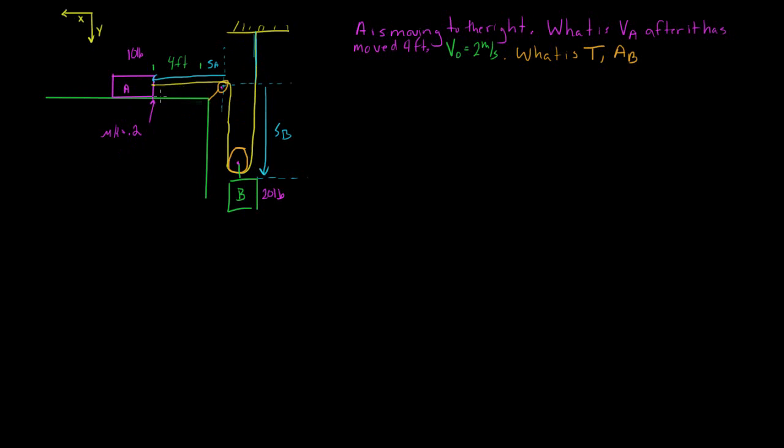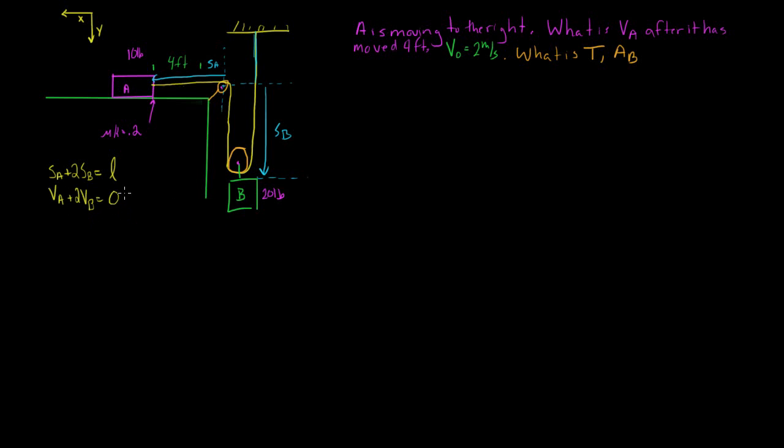If we trace the length of the rope, we have a length of SA plus SB plus SB, so SA plus 2SB is equal to some length of rope L. If we differentiate with respect to time, we get the velocity of A plus 2 times the velocity of B is equal to 0.